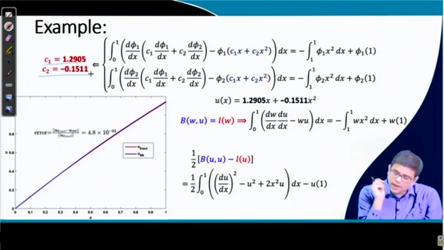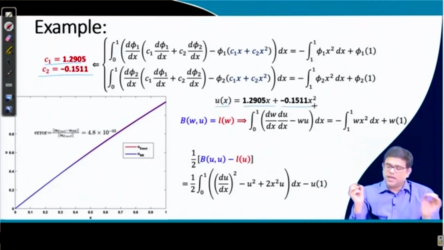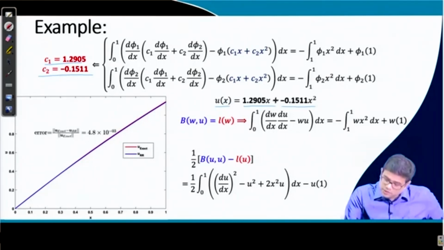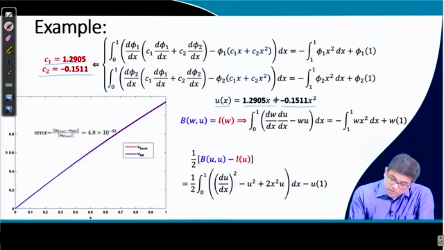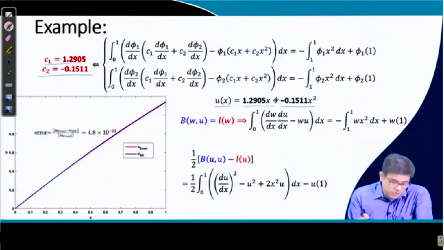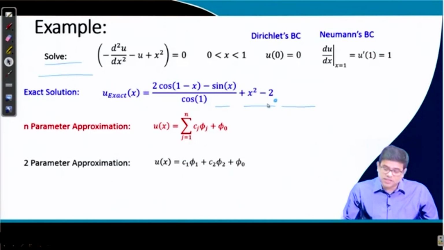If I substitute this C1 and C2, it looks like this. Now if I look at this equation and compare it with the exact solution that I described previously, the exact solution for this problem is this.